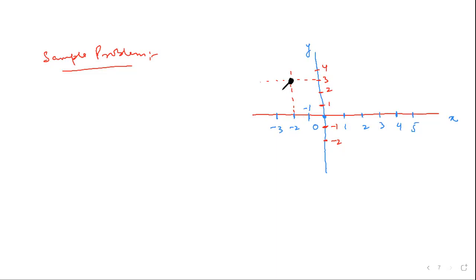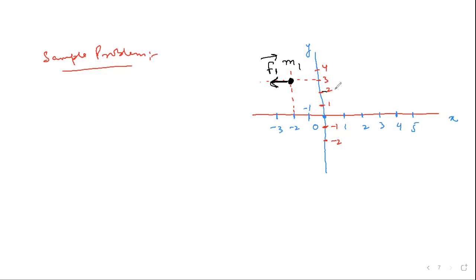It has name M1. It is acted upon by force this way. That force is F1.